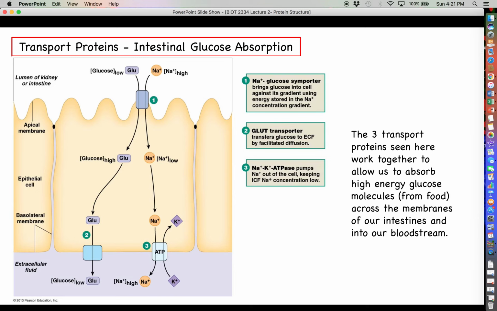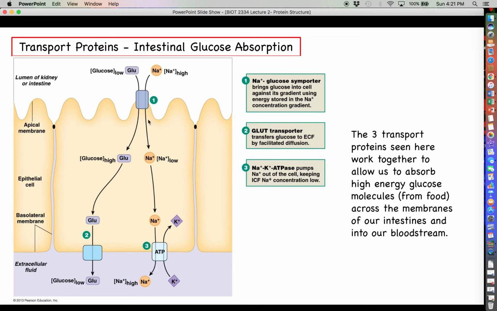But the problem here is all the solutes that you see here, including glucose, sodium, and potassium, these are the types of solutes or molecules that cannot move across the membrane unless they have a transport protein that is willing to let them across. So in this particular example, we've actually got 3 different transport proteins that work together to allow us to absorb glucose into our bloodstream from our intestines.